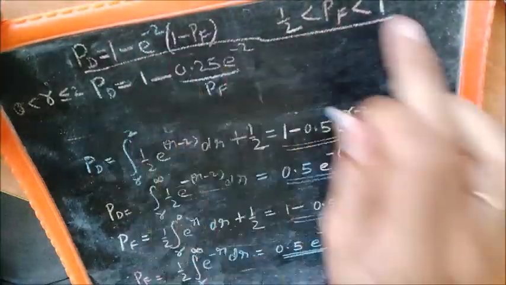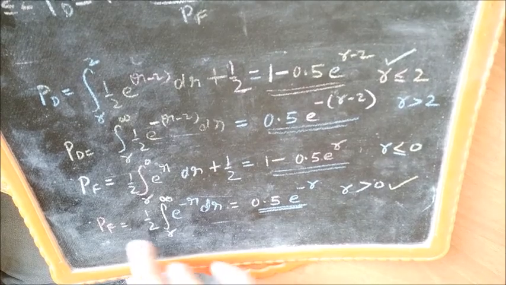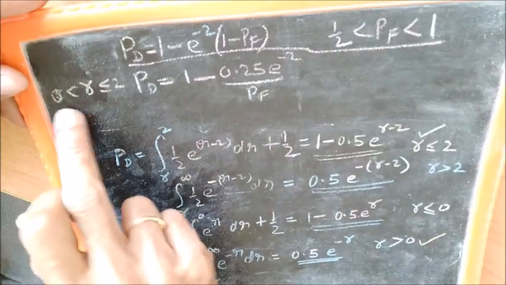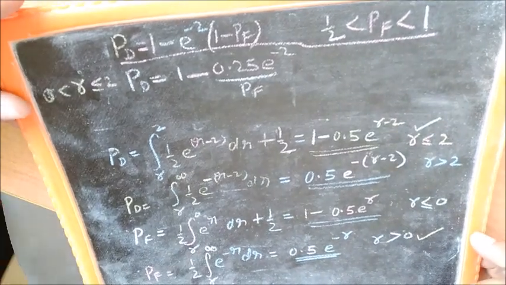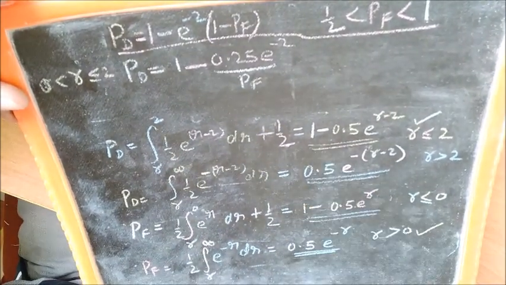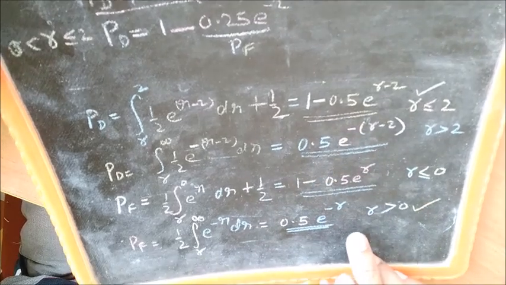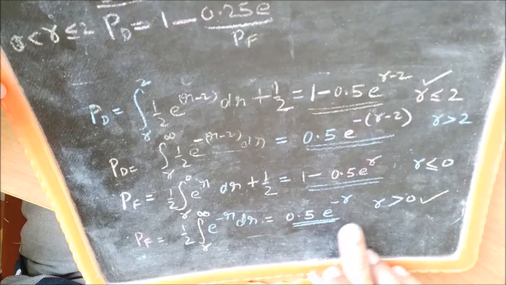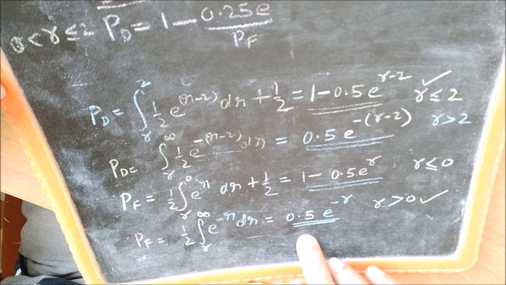I will skip the intermediate steps which I had written here earlier, and I will try to explain it again here. Remember that when gamma is between 0 and 2, we are interested in this PD and this PF. From this PF we can write e raised to gamma as equal to 0.5 by PF.